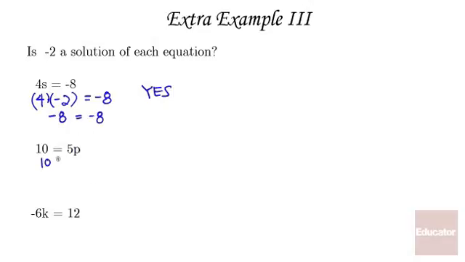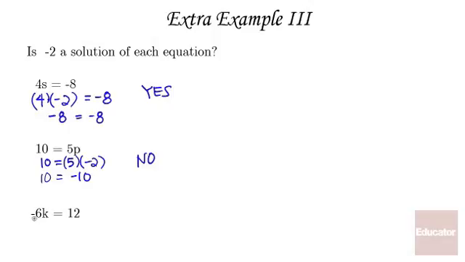So if I want to write it out, again, I can write both of these in parentheses to show that those are two numbers being multiplied together. Well, what's 5 times negative 2? Isn't this negative 10? Because again, 5 times 2 is 10, but then you only have one negative number, right? So this is not true. So this one is no, or false.